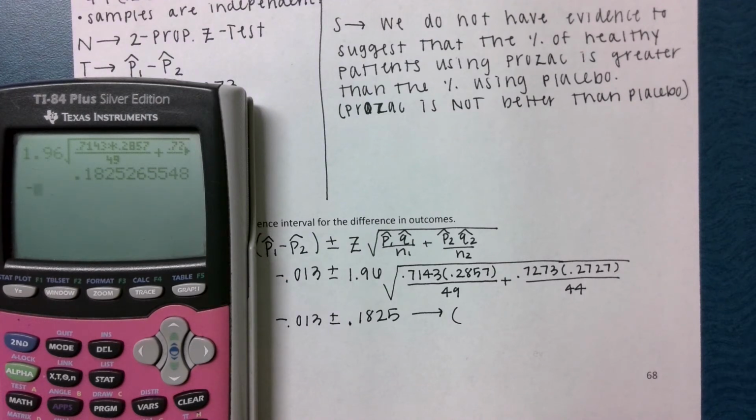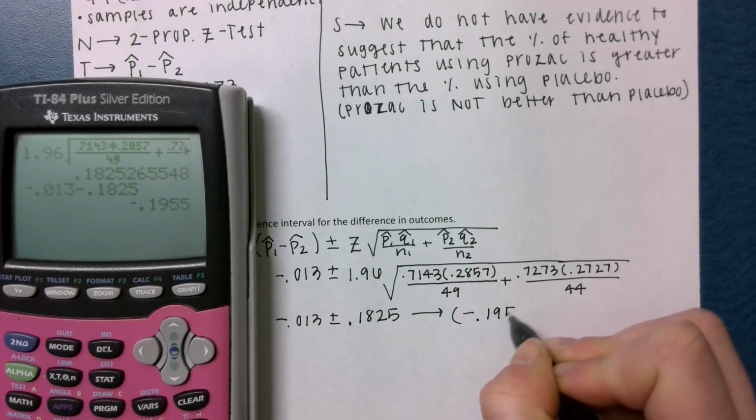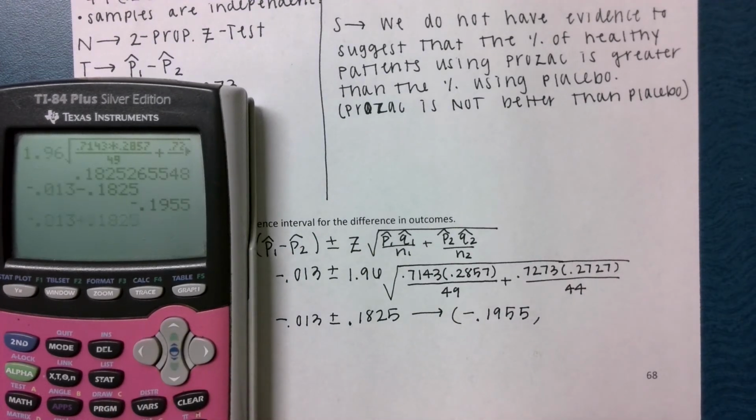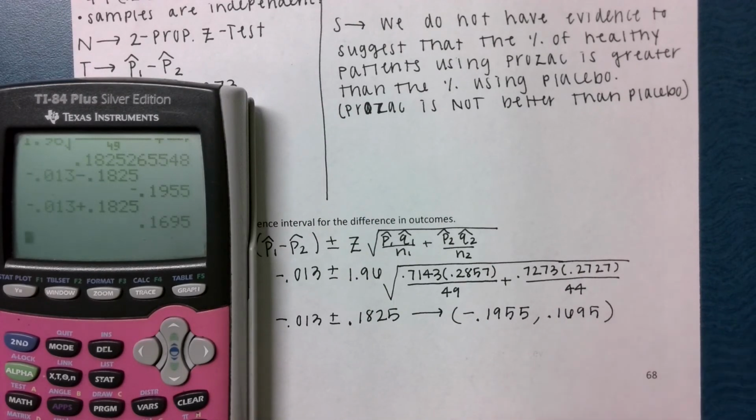Okay, adding and subtracting here gives me negative 0.1955 and 0.1695.